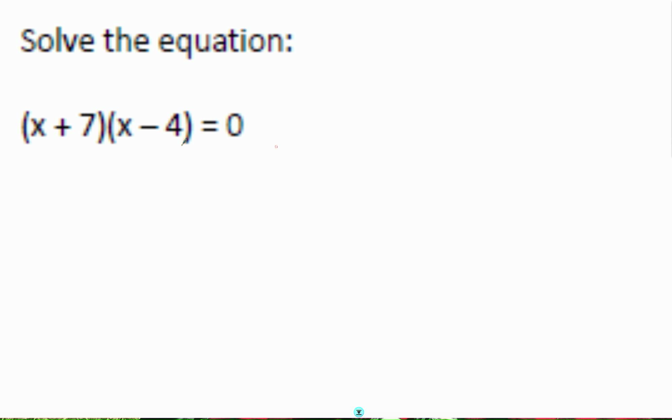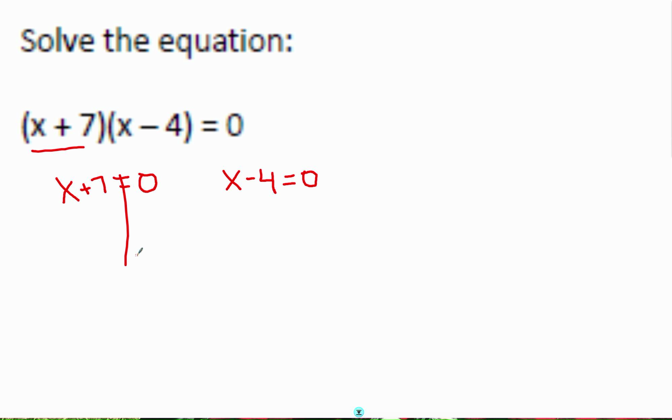So here we have something that is already factored. So if it said to solve the equation, what I could do is set each individual factor here equal to 0 and solve for x. So this is the benefit, one of the benefits anyway, of factoring. It allows us to solve quadratic equations much easier.